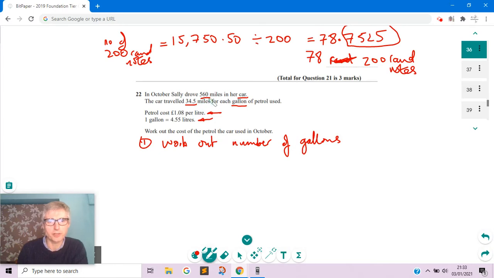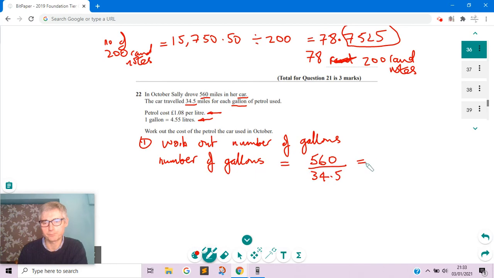So we can see that if we drive 560 miles, and 34.5 miles is the number of miles for 1 gallon, then the number of gallons we would require can be found by taking the number of miles, the 560, and dividing it by the 34.5, which is the number of miles that 1 gallon would do.